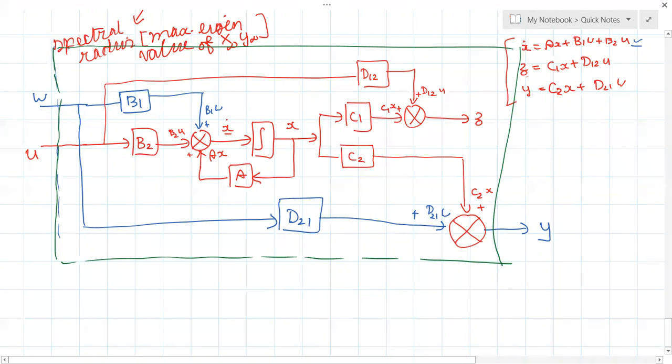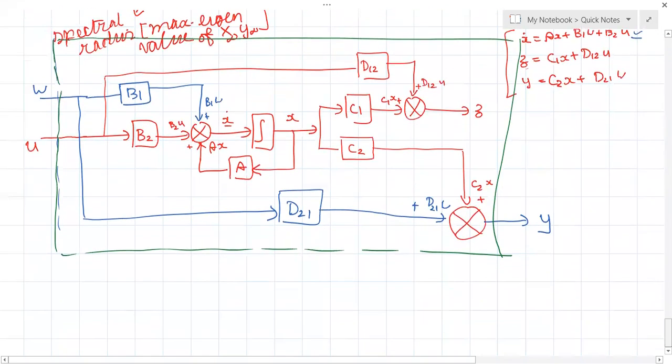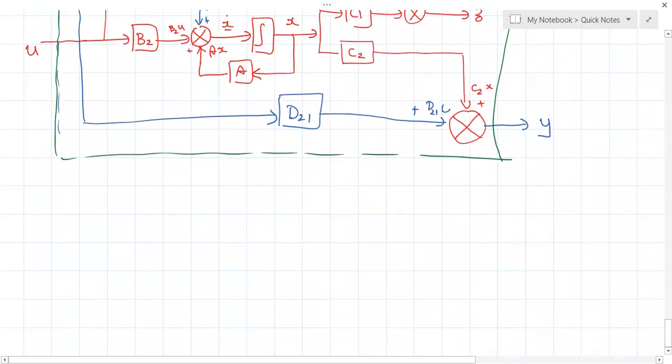Now what next? The estimator part. It will have a dynamic similar to the given plant, x hat dot equals and so on. So let us now try to patch up the estimator part. Here there should be an integrator. What is the equation?